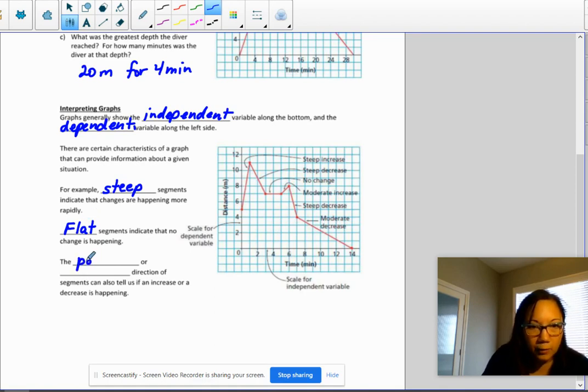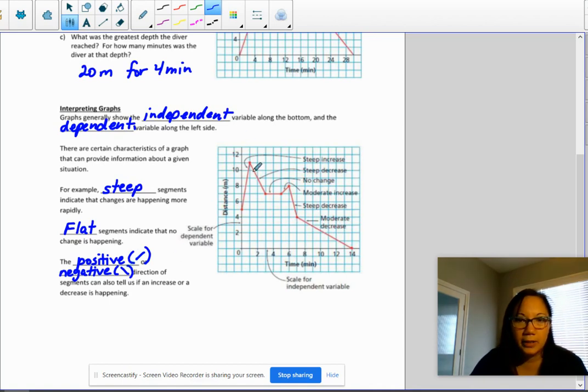If you look at whether your segments have a positive slope, which means going up as you go to the right, versus a negative slope, which is going down as you go to the right, that can tell us if an increase or decrease is happening. Looking at this graph, we've got distance and time.